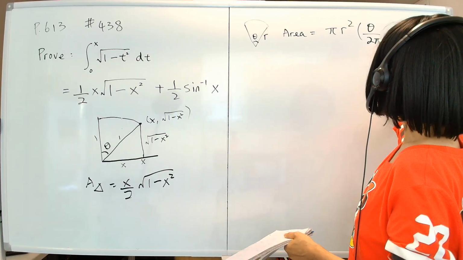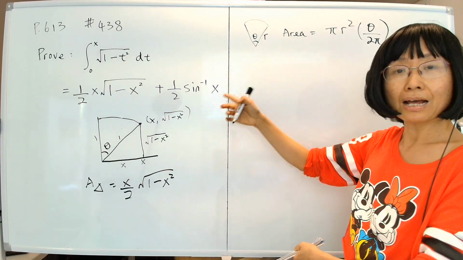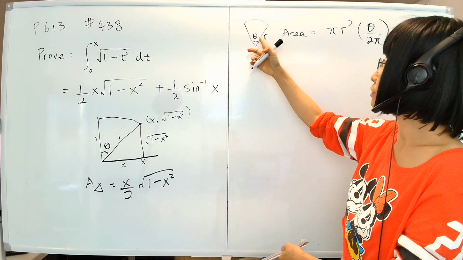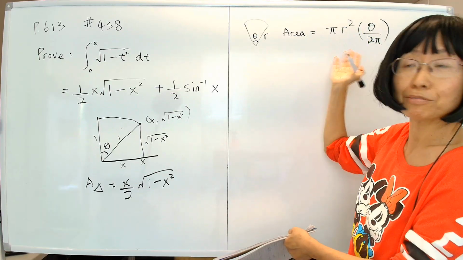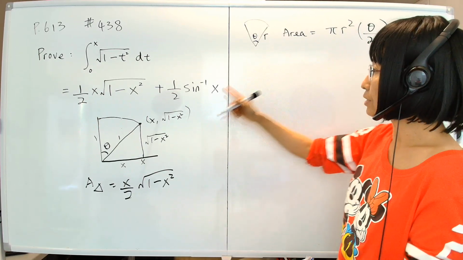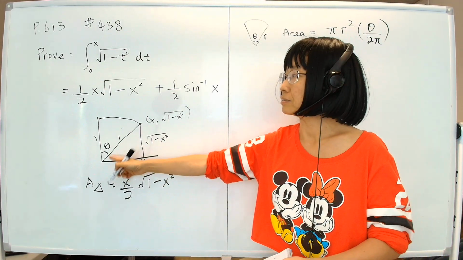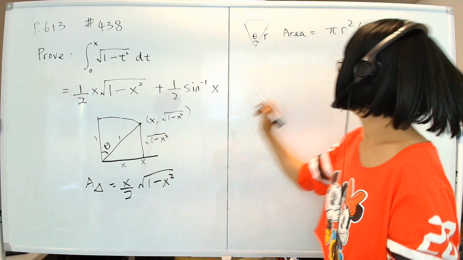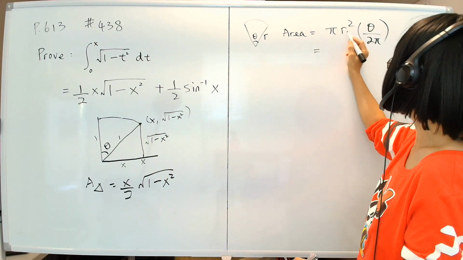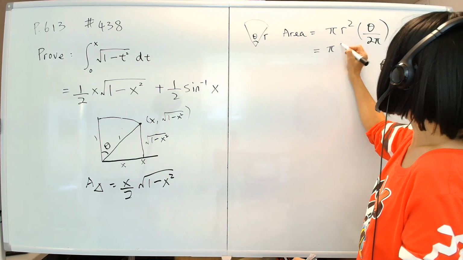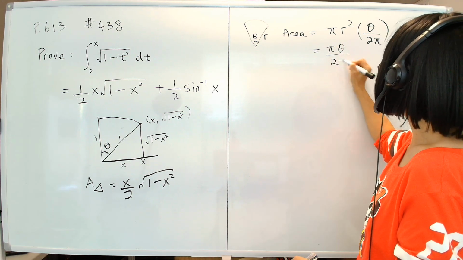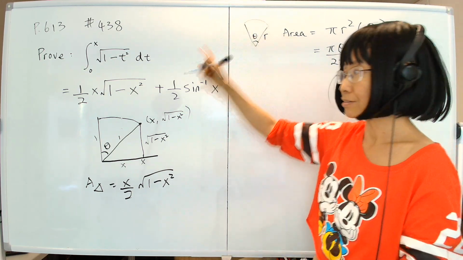That's because the whole circle is 2 pi, so the theta part of it is just whatever fraction it is. In our case, the radius is just 1, so we can simplify this to pi times theta over 2 pi. That's the area of our slice here.